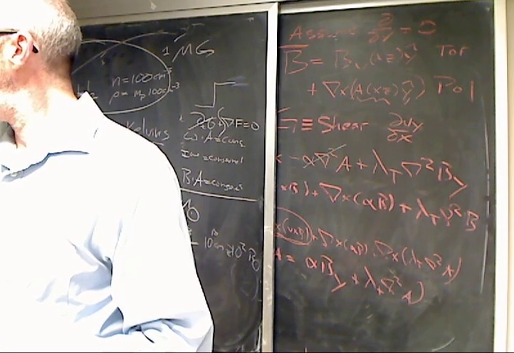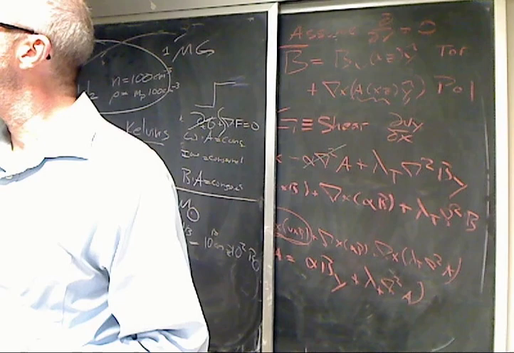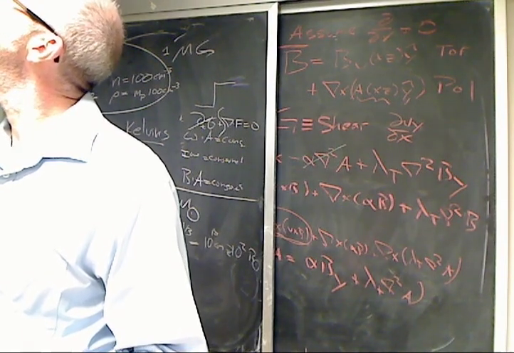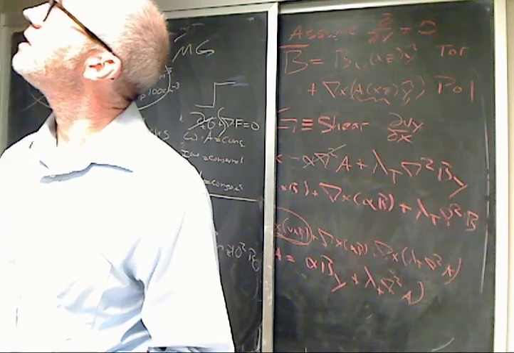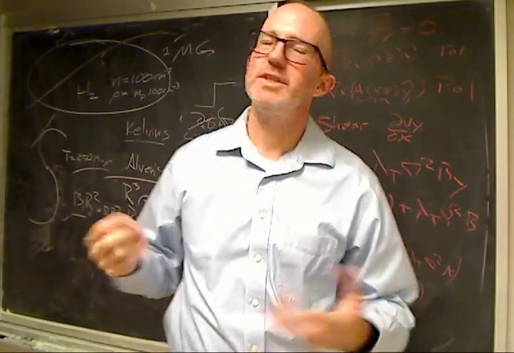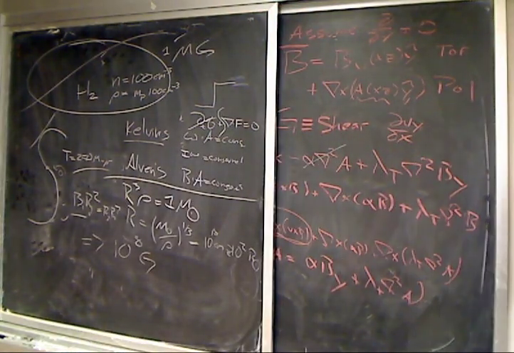And then we had some turbulence. So we talked about diffusion. Should be familiar with diffusion. The board gets really hard to write on when it gets down this low.